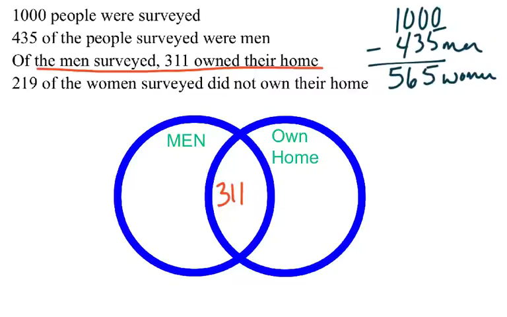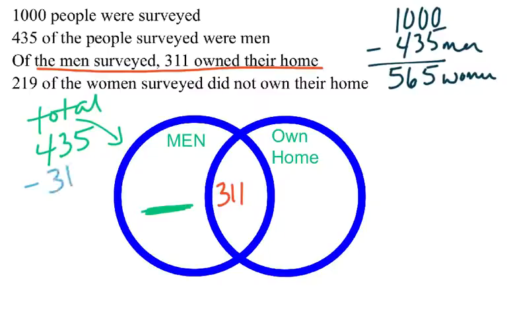The other thing is that if there's 435 total men, that means that this whole circle should total 435. So to get this number, we need to take 435 and subtract 311. That's going to give us 124.